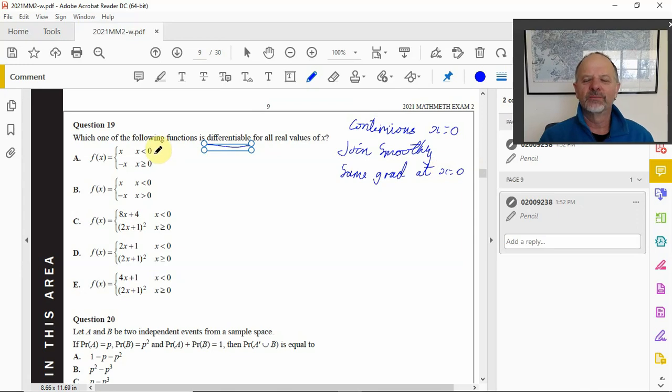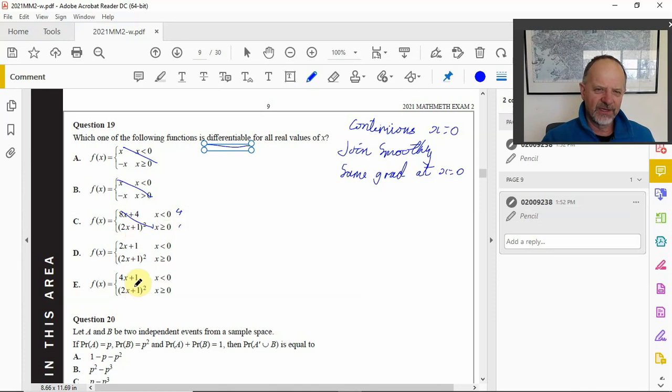So you can use your calculator to help you with that, and when you look at these things, you find that these ones don't join smoothly. This one doesn't join smoothly. This one here, it's not continuous. Because at x equals 0, that's equal to 4, that one's equal to 4, and this one's equal to 1, so that doesn't join smoothly.